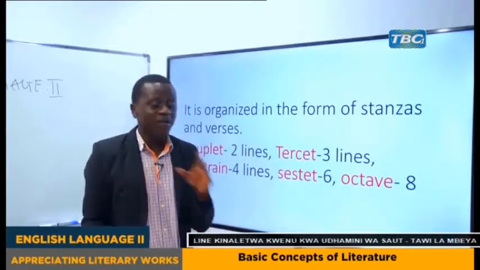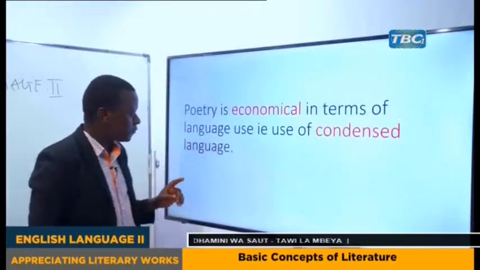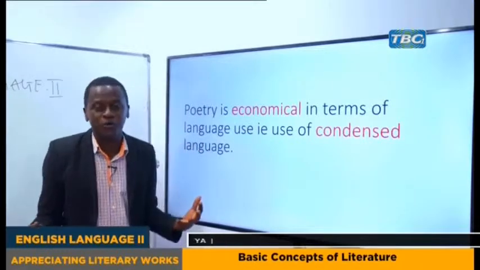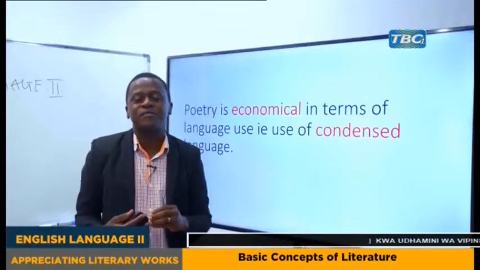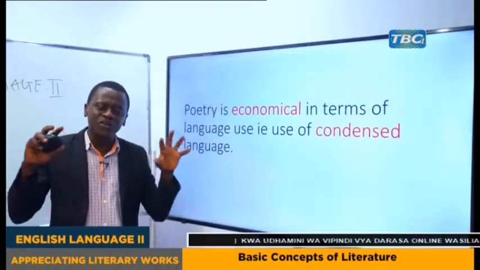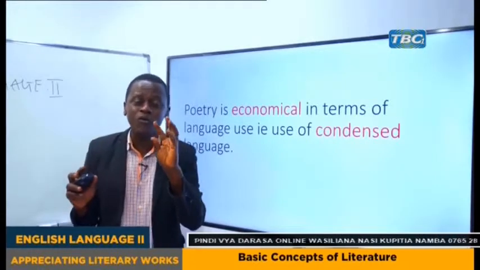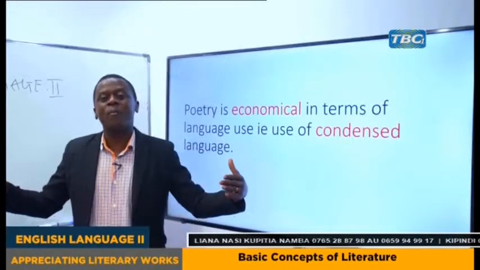Dear students, the other feature that describes a poetry is that a poetry is economical. Why economical? A poetry is economical in the sense that it uses few words, or the language used in the poem is very condensed, using very few words. But the use of very few words expresses broader information.